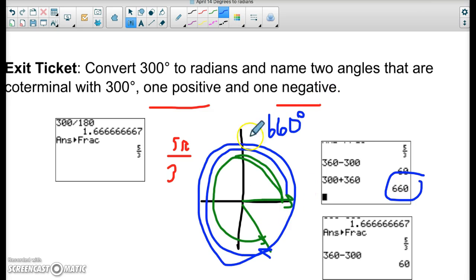For the negative, I could go this way. So 300 minus 360 gives me negative 60 degrees. Okay, so it's my little negative sign.